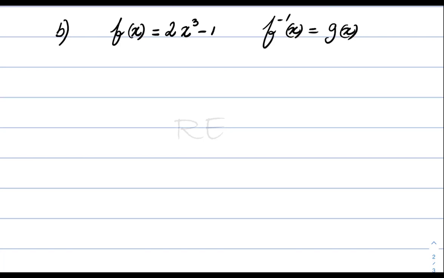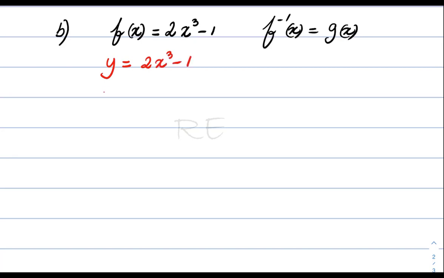For b, we're going to start with f of x. And f of x is equal to 2x cubed minus 1. We're going to show that the inverse of f of x is equal to g of x. Now, y is a function of x. We replace f of x by y.